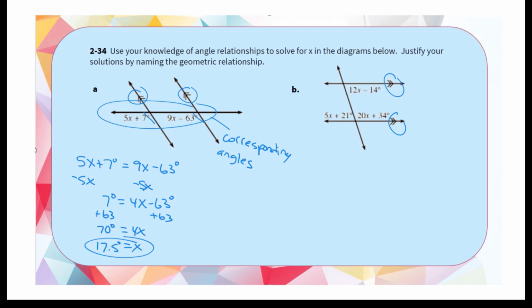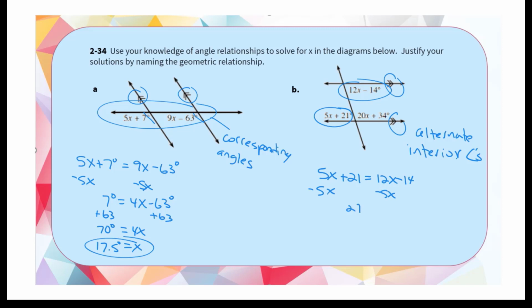I have chosen to use this relationship and this relationship. They are alternate interior angles, so they are congruent. So I'm just going to set them equal to each other to solve for x. 5x plus 21 equals 12x minus 14. I'm going to subtract 5x.